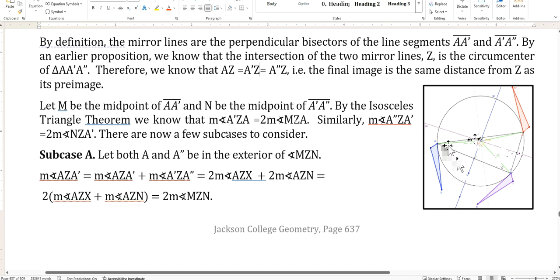Now we've got several cases at this point. So those things are in general. It could be that A and A double prime, when it's all said and done, are both in the interior of the angle MZN. So let's look at MZN. Here is M. And if they're both in the interior.